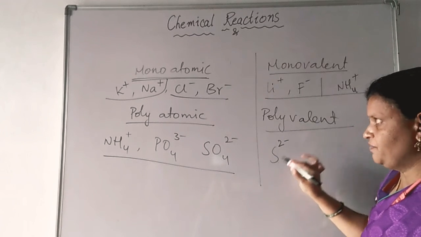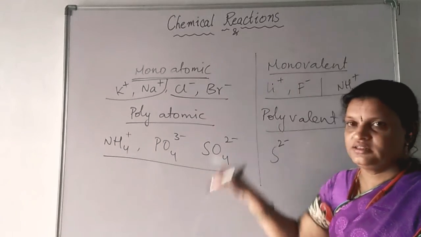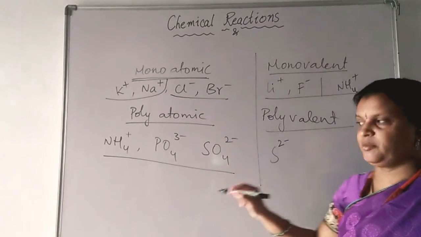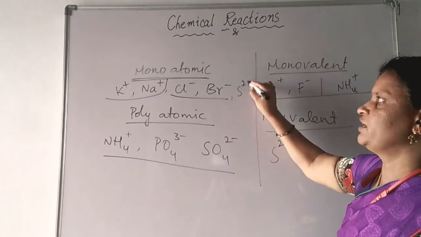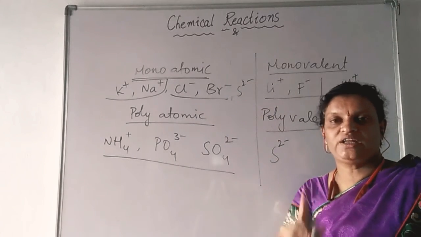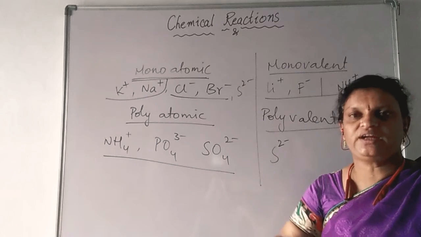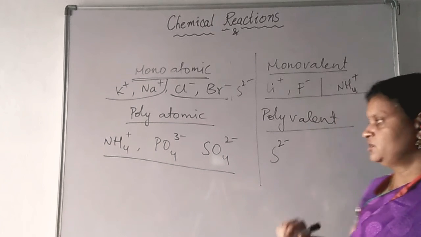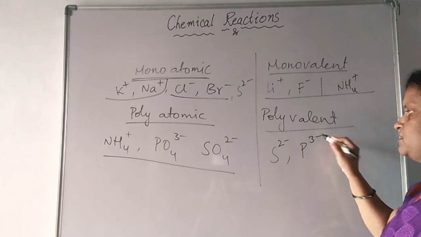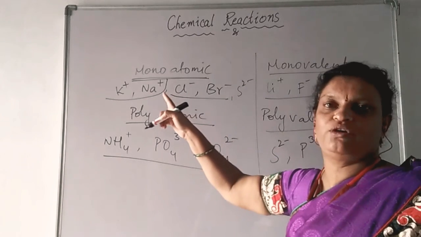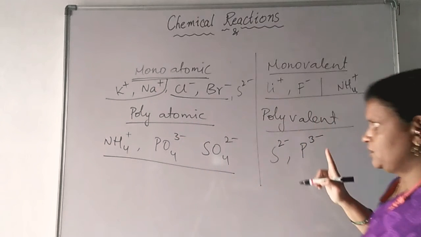But if you want to classify it as polyatomic or monoatomic, we have to write it under monoatomic only, because it contains only one atom, and that atom carries the -2 charge. So S2- polyvalent I have written. P3- also can be written under monoatomic ion and also polyvalent.